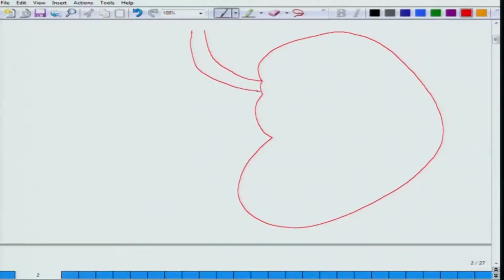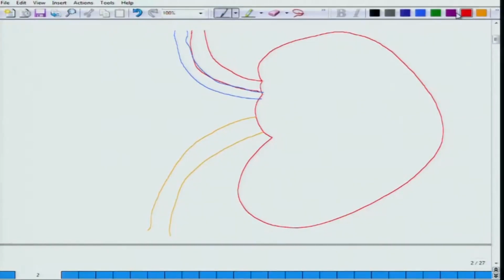Okay. So, there are two kinds of blood vessels which come in, the venous and the arterial blood. So, we will see, likewise, and then there is another organ which is called the ureter. Okay.